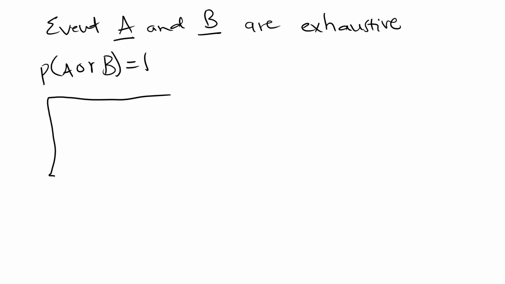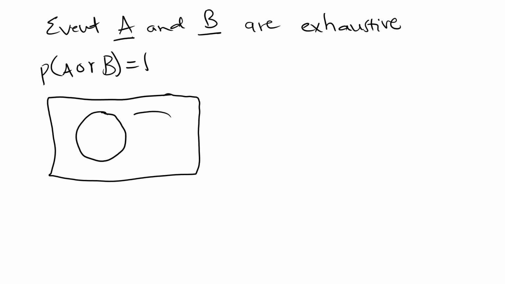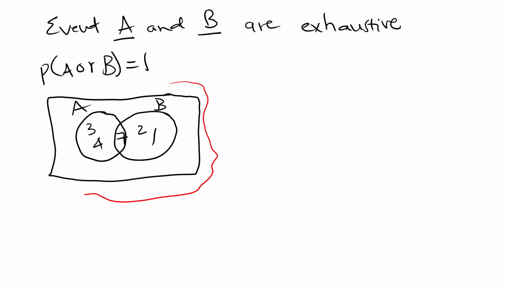If the probability of A or B is equal to 1, suppose you have this Venn diagram, 7 here, 3, 4, 2, 1, you have A and B. This is for exhaustive events, since A or B contains all the elements in the sample space.